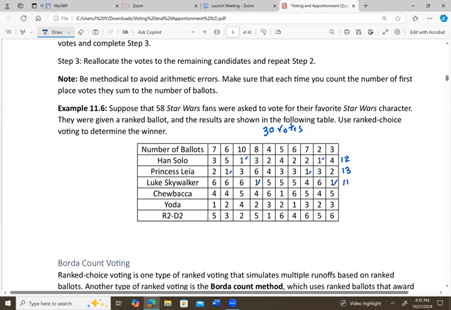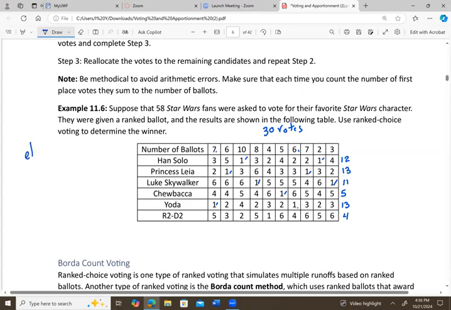Got Chewbacca with 5. Yoda has 7 and 6, which is 13. And R2-D2 has 4. So nobody has 30 votes, so we need to eliminate the lowest vote getter, which in this case is R2-D2.